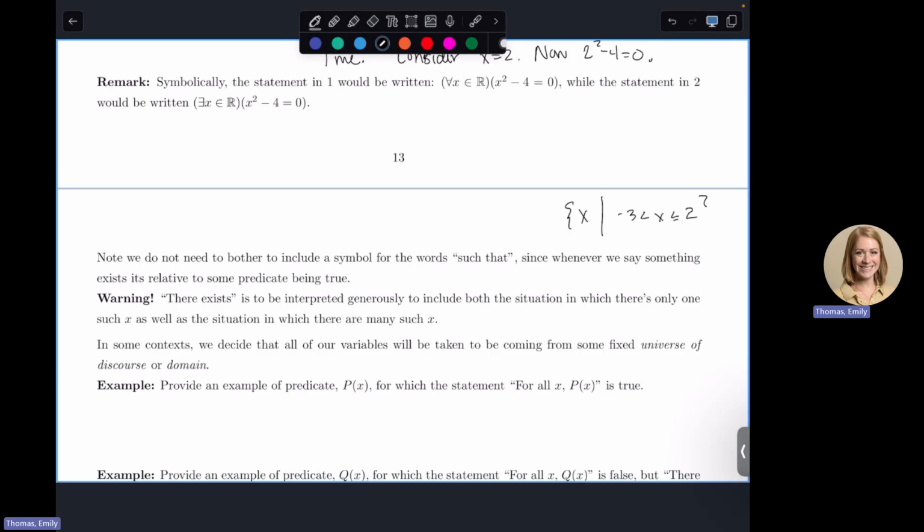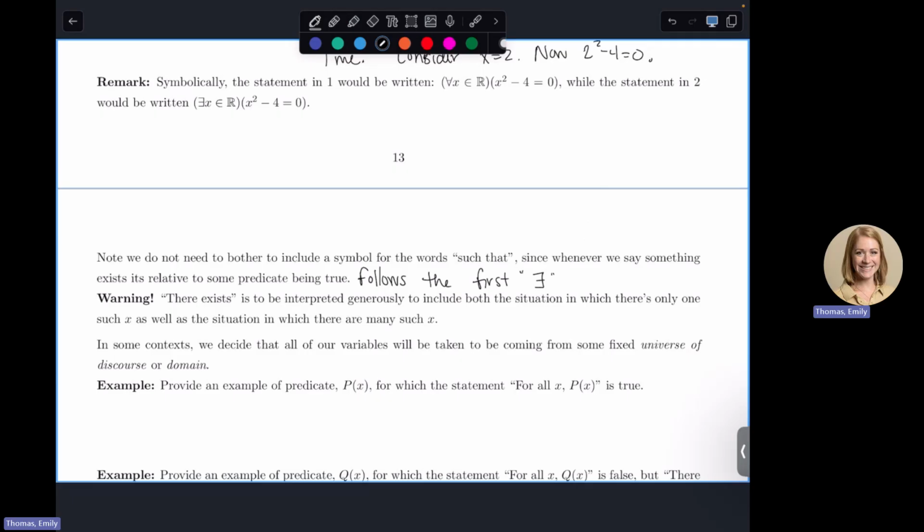That's a such that. Just a little piece of math knowledge for you, never thought you wanted or needed. So we don't have to have a symbol for that. It follows the first there exists, just so we know.